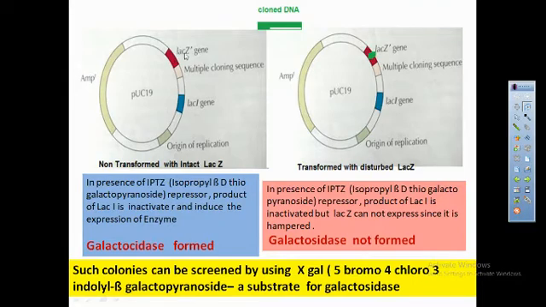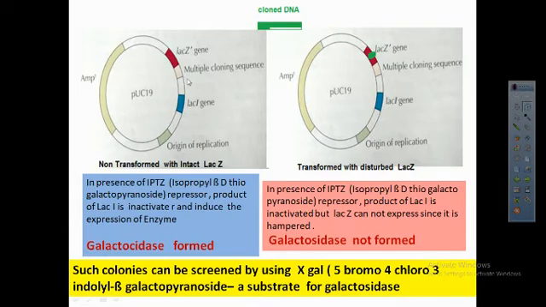It has the lacZ gene, which has been integrated at the 5' end of the multiple cloning sites. And the lacI gene is in the downstream and the upstream.